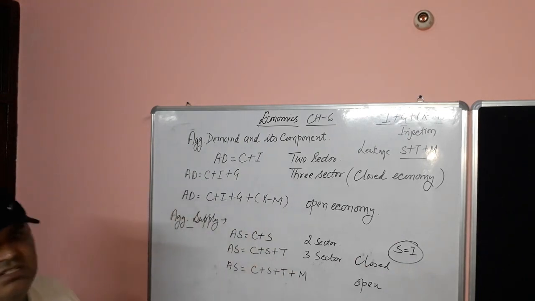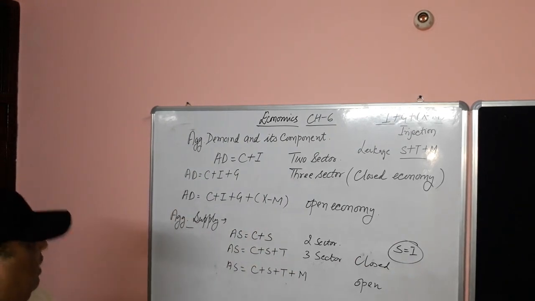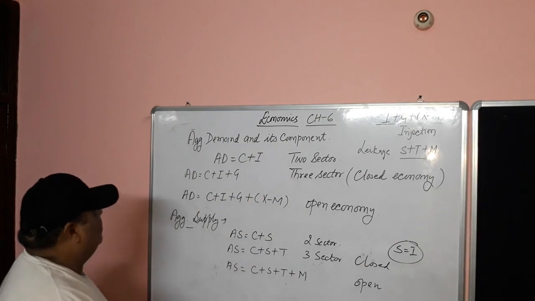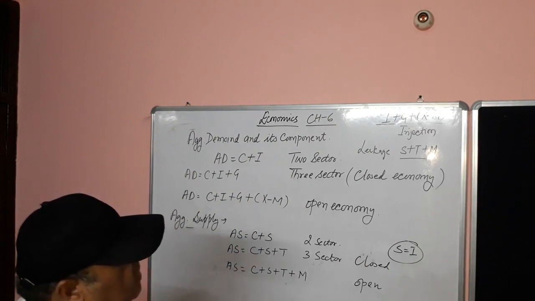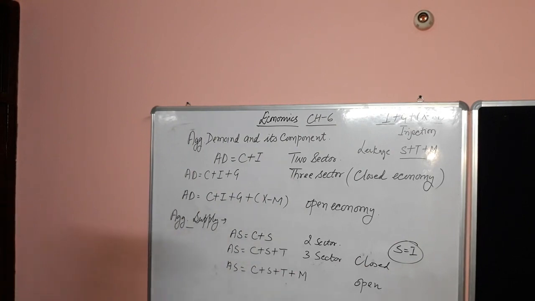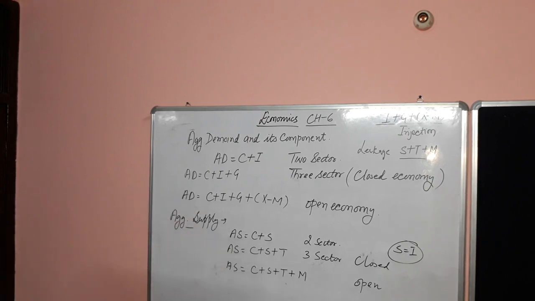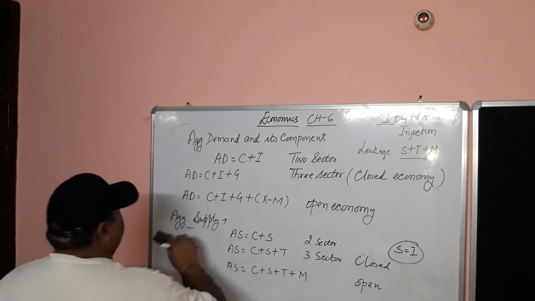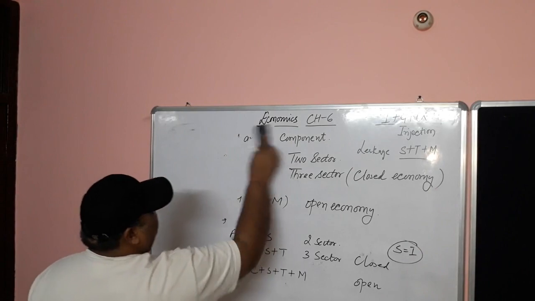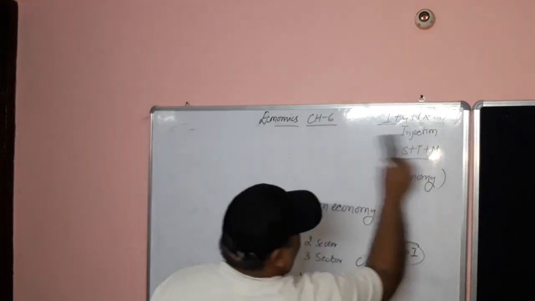So these are some points with the help of which we easily define what aggregate demand and aggregate supply are, in 2 sector, 3 sector and 4 sector economies. So next we discuss what the aggregate demand curve is.